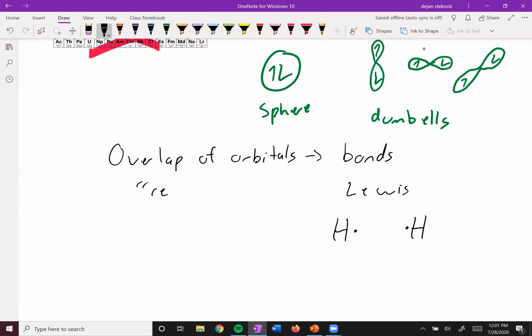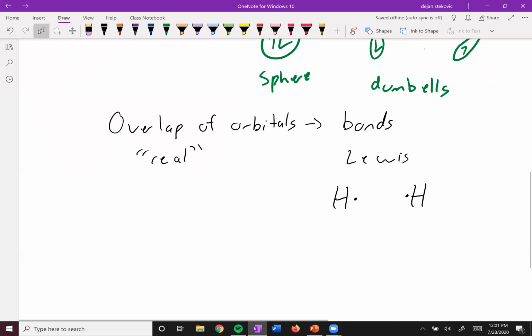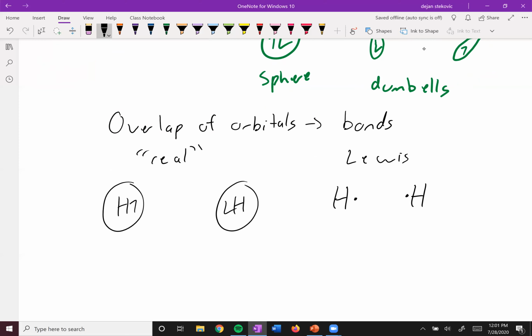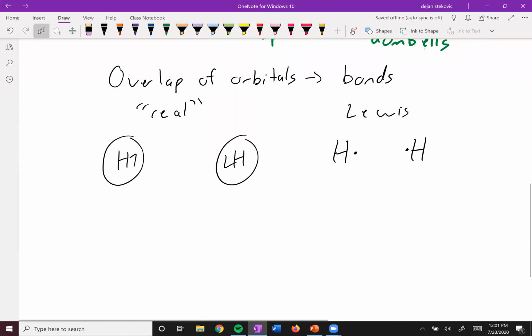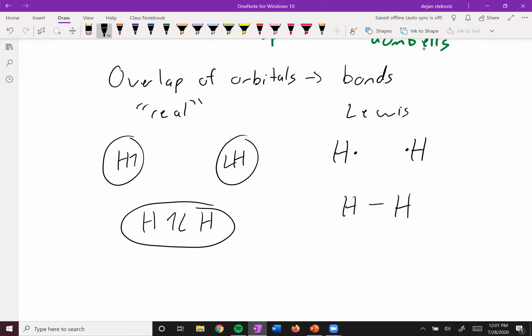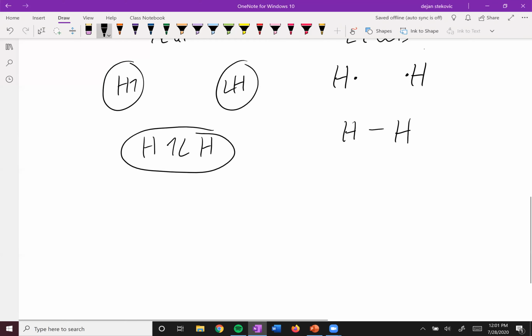In real life, we have a hydrogen with its 1s orbital and an electron in it, and another hydrogen with its 1s orbital and another electron in it. In the Lewis structure, we draw a straight line to indicate this bond. But really what's happening is an overlap of electron density and a sharing of electrons. You can see how these 2 round orbitals would form this bond.